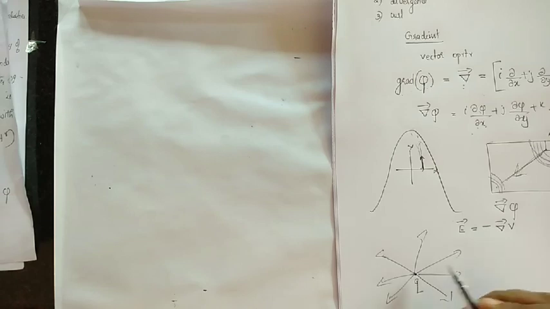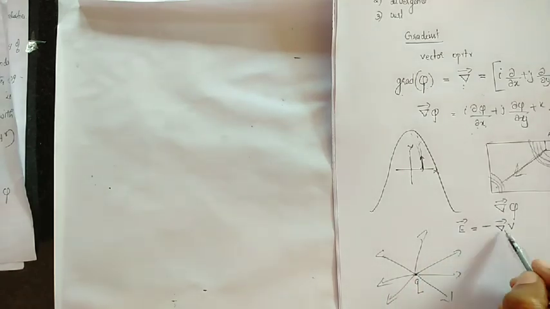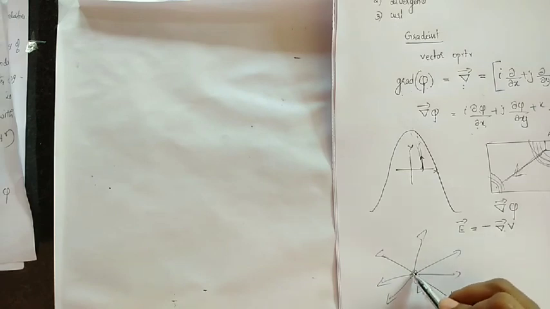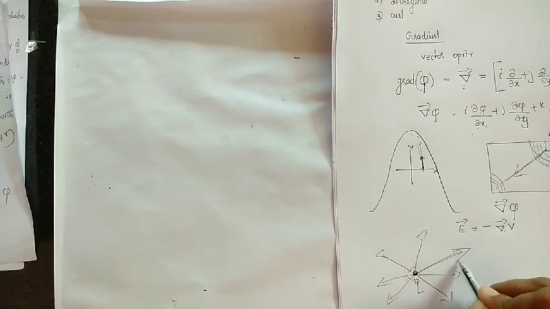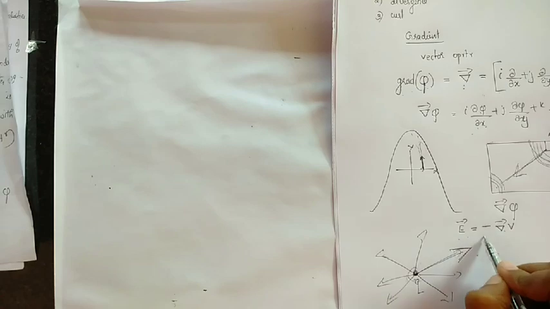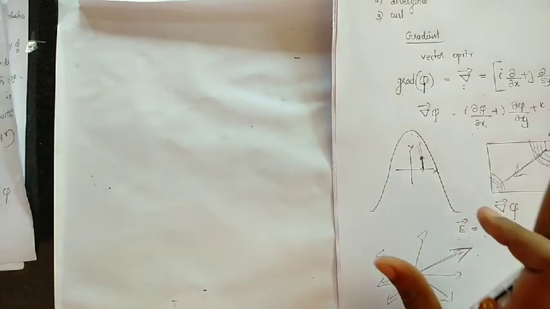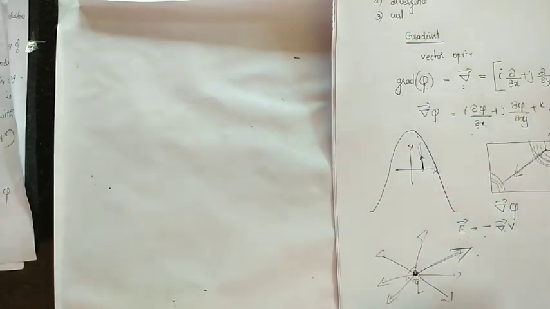It will be opposite to the direction of maximum increase of potential, because the charge is here, potential will be maximum nearby this charge, and its field will be in the opposite direction. So it is given by E equals minus del V. This is the concept of gradient.